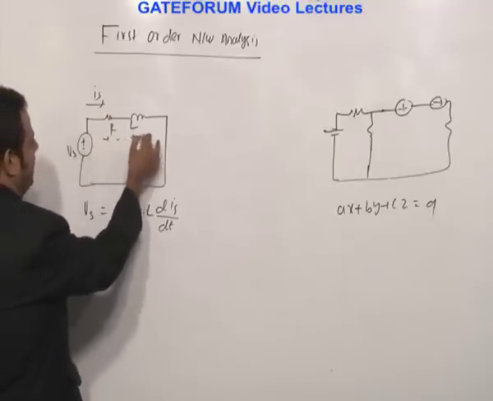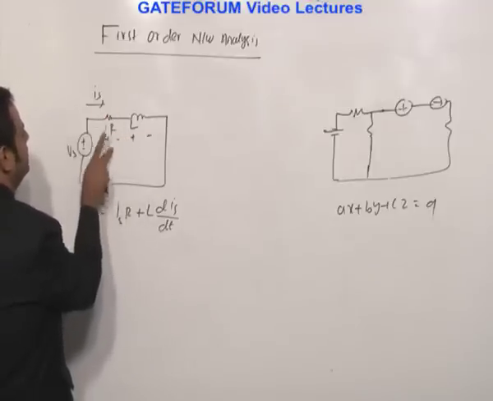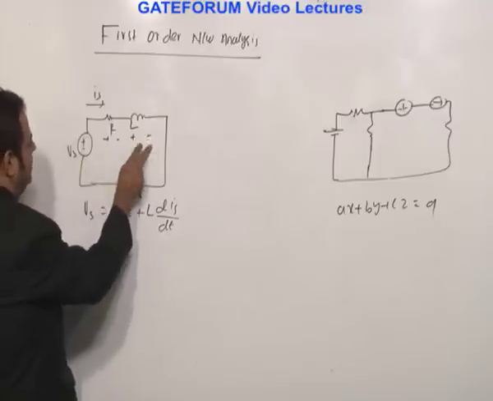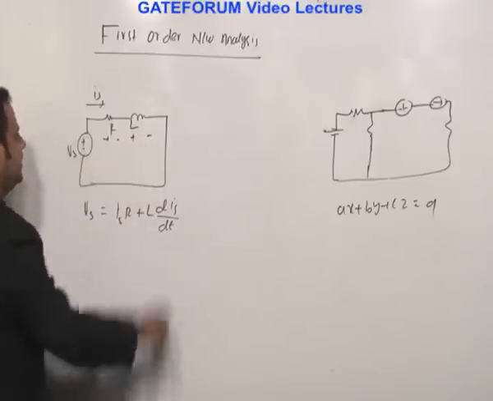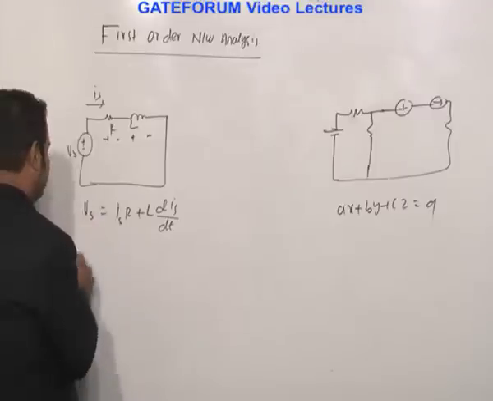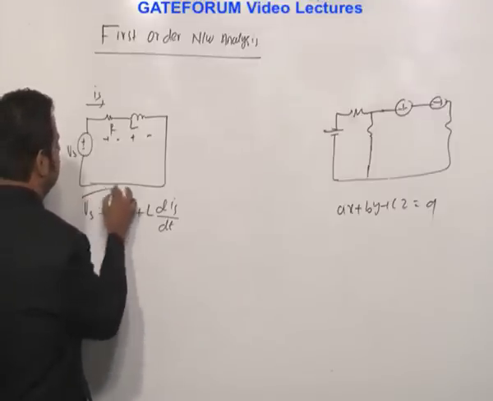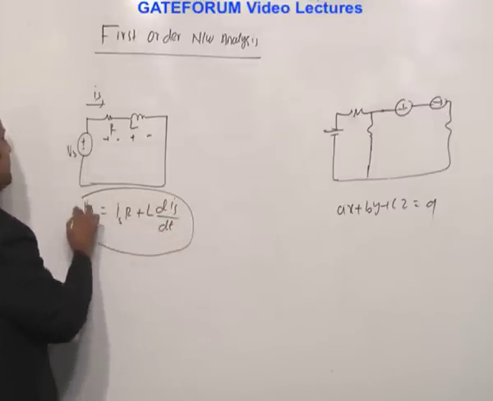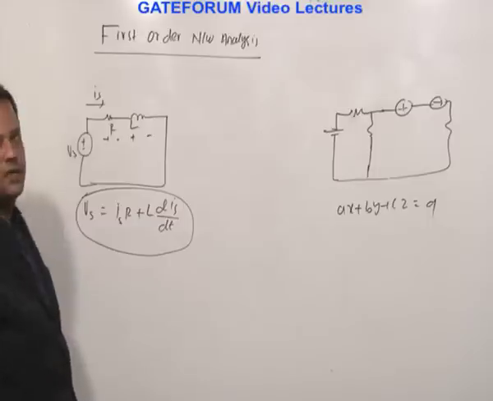Because by KVL, the drop across R is current into R by Ohm's law, and the voltage across L is L dIs/dt. So the equation we are handling here is no more algebraic in nature. This is a differential equation.